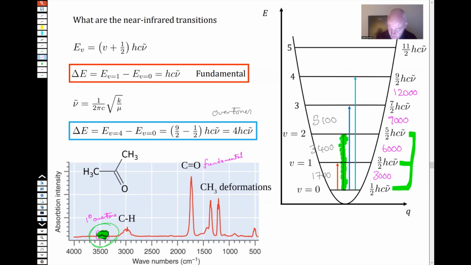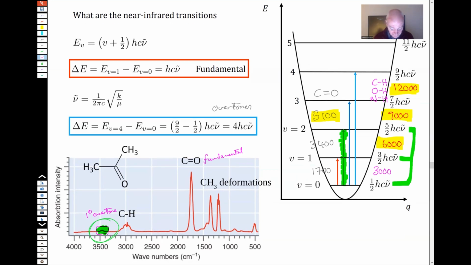So you can see that these are now in the near infrared region. Just to be clear, this is for the C double bond O, the one that we've shown earlier, and the other ones over here are for CHs or OHs or NHs. I bring that up because that turns out to be important a bit later on. Okay, so there we go.